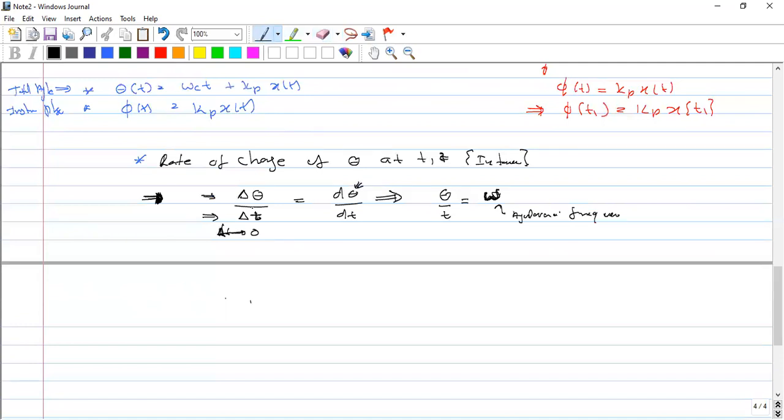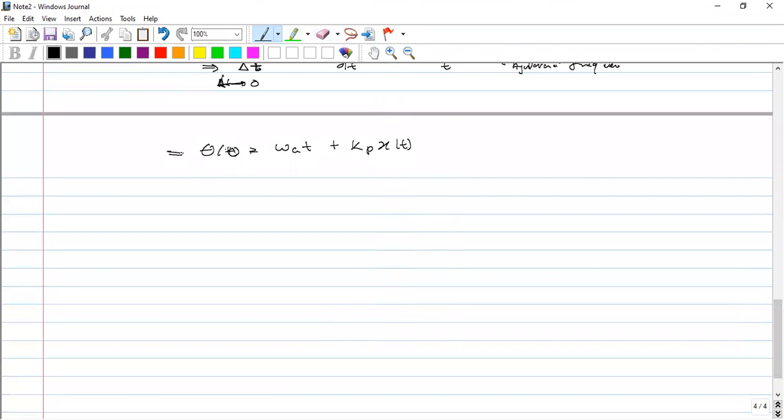Theta is equal to omega_c t plus k_p x(t). So to find the rate of change of this theta, you have to get d theta(t) by dt, and also take the derivative of this side, omega_c t plus k_p x(t), by dt, okay?